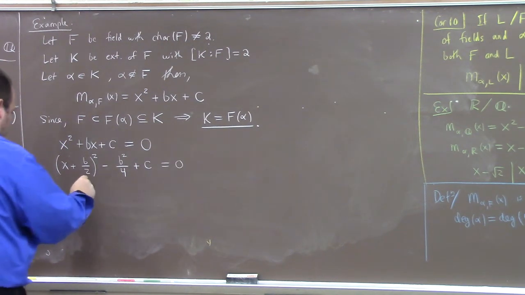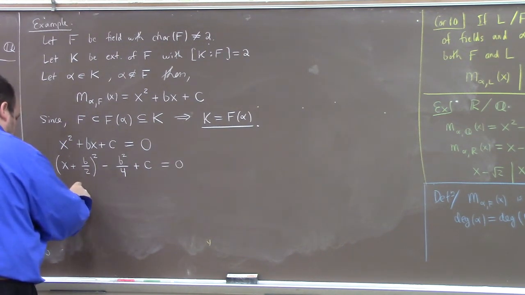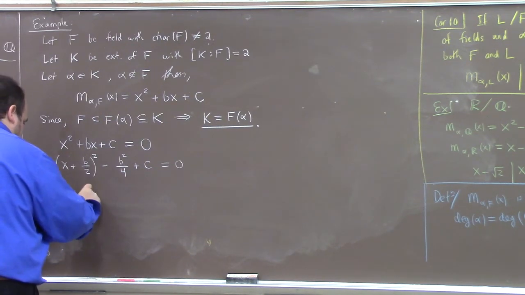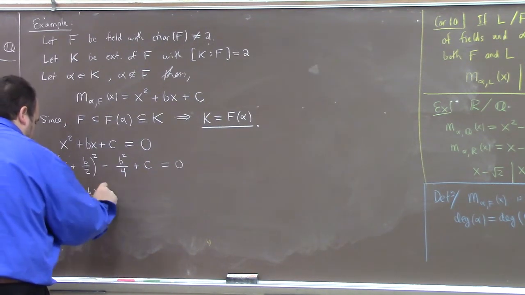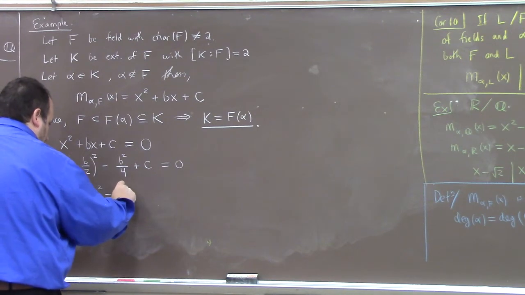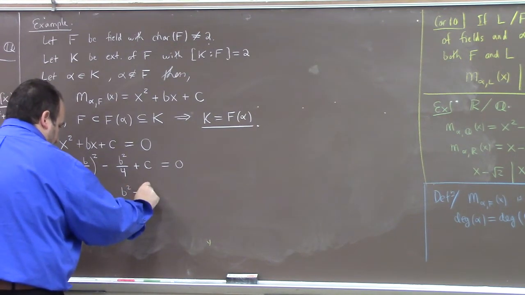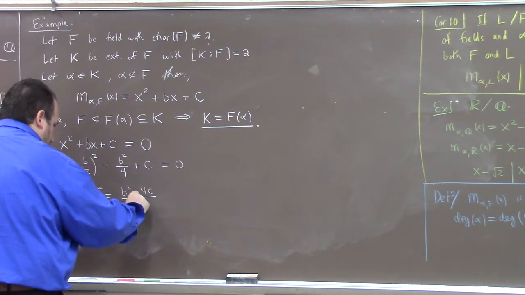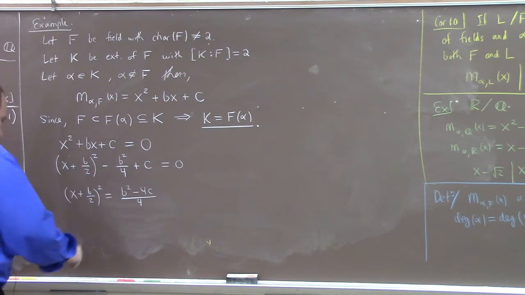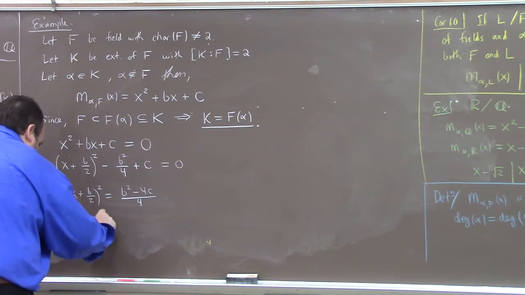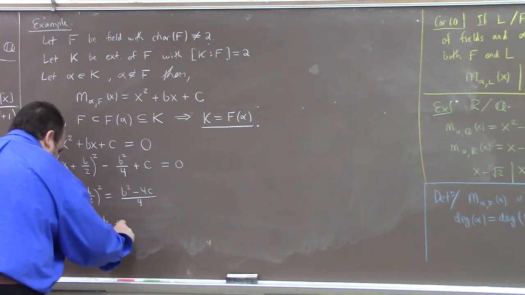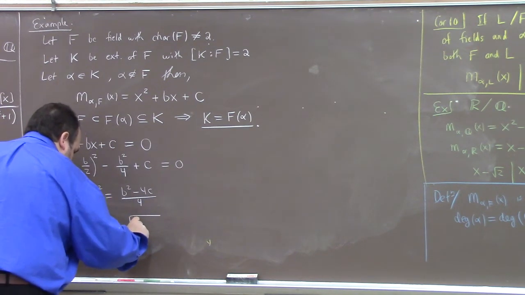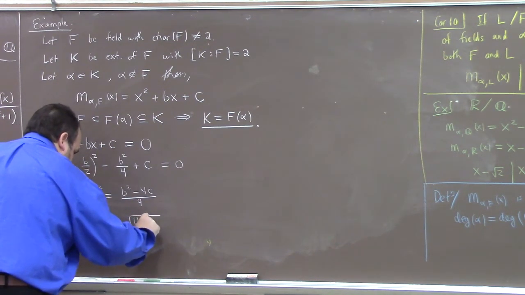And then this gives us x plus b over 2 squared equals b squared minus 4c over 4, which gives us x is equal to minus b over 2 plus or minus the square root of b squared minus 4c.